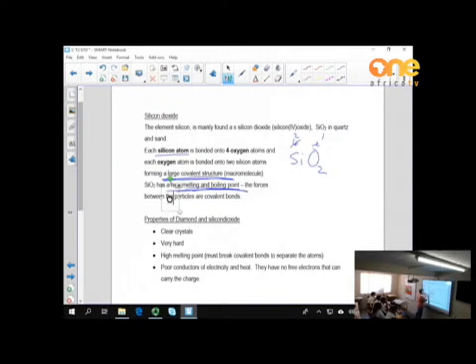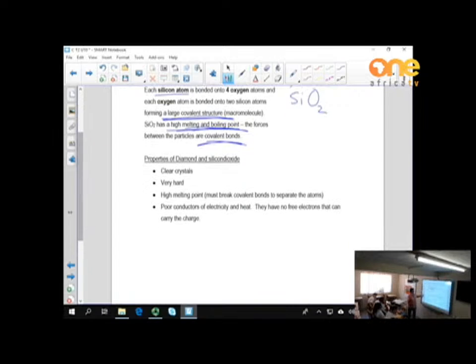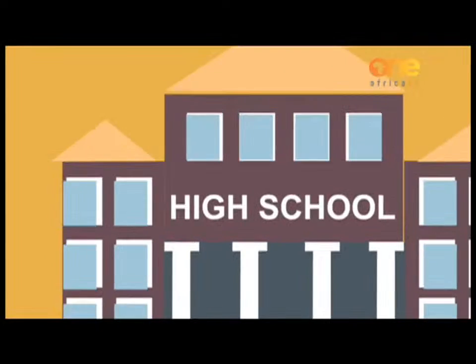So high melting and boiling point, and if you want to break it, you have to break covalent bonds. So properties of diamonds and silicon dioxide, why do they put them together? How would graphite differ? Graphite is soft and flaky, and graphite will conduct electricity. Okay.